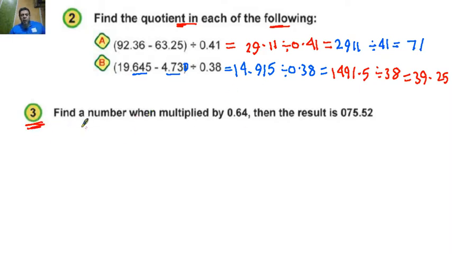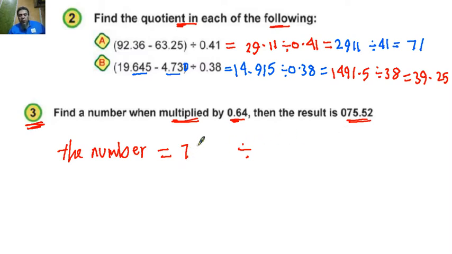Number 3, find the number which, when multiplied by 0.64, gives 75.52. To find the number, when we say multiply, then we divide. Divide what?